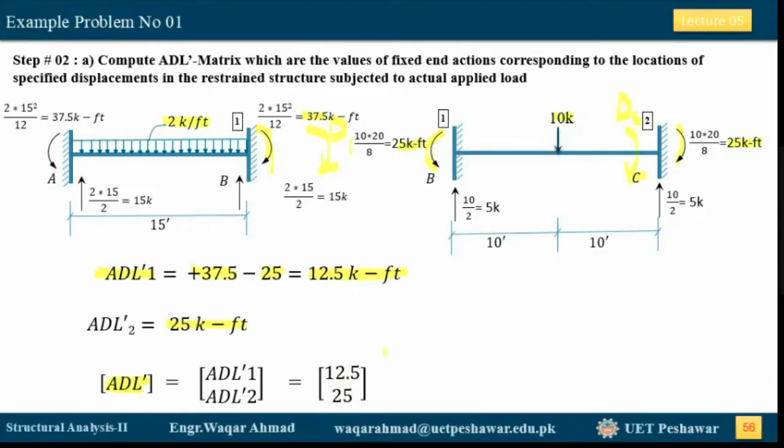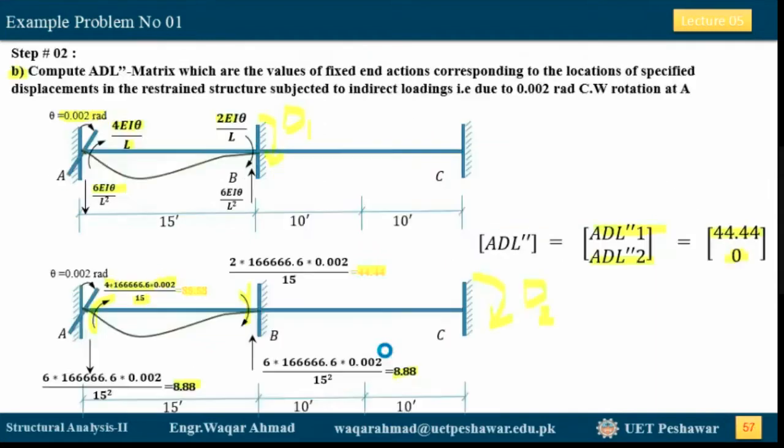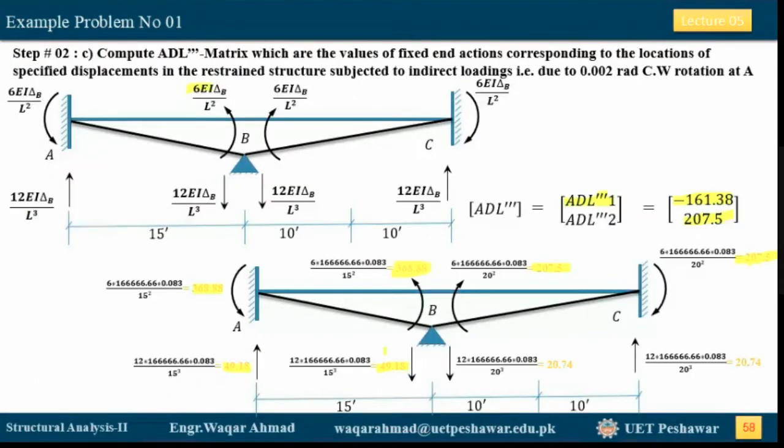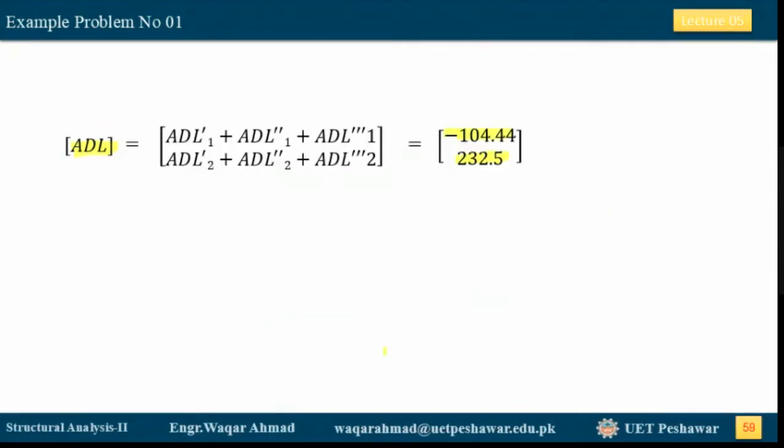But now, in this problem, we have this 0.002 radians clockwise rotation and this 1-inch settlement also. So we now need to incorporate the moments induced by these settlements and rotations in our A_R matrix. Okay, so now we have incorporated them in our A_R matrix.